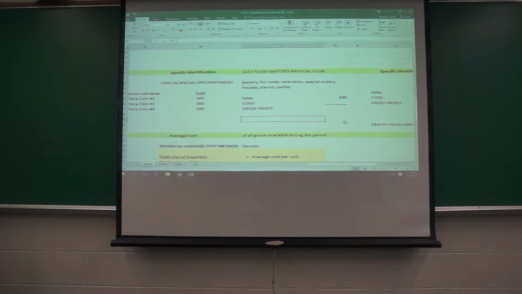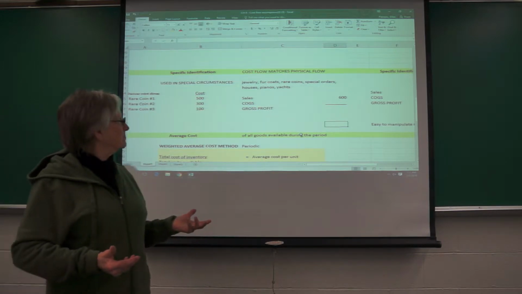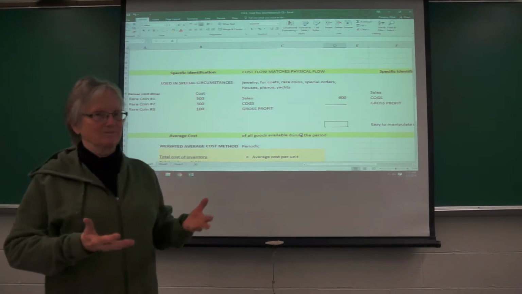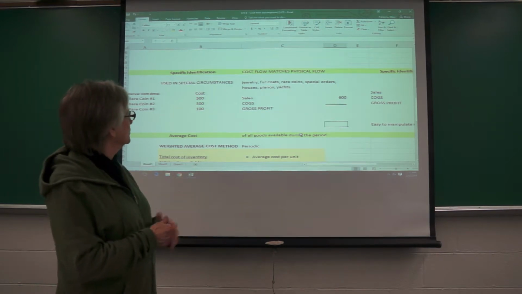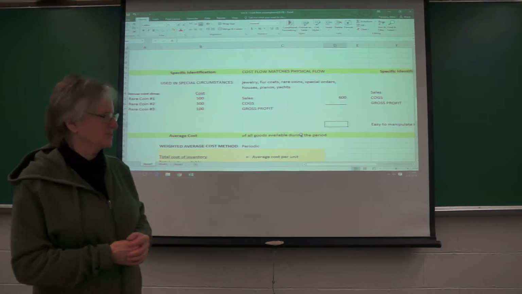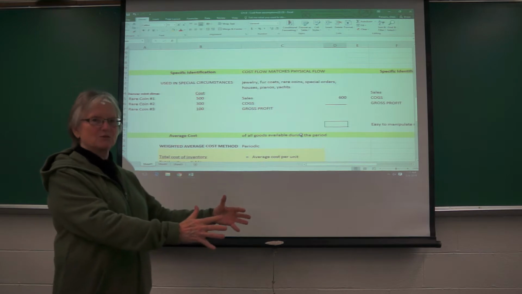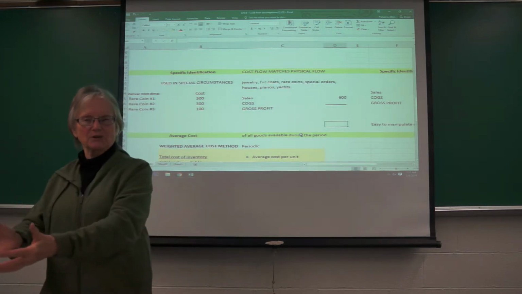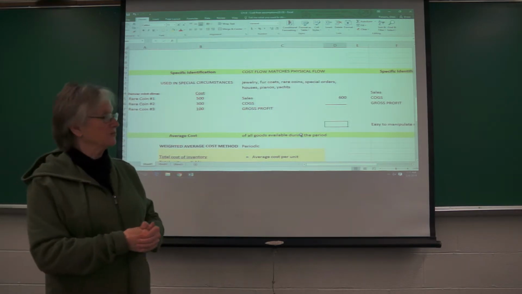One is the specific identification method, and this is not used a whole lot, but as you can see, it would be where you have unique items. You've got jewelry, fur coats, yachts, pianos, things like that, where yes, we paid this amount for this piano and we just sold it to our customer for this amount. That's specific identification.